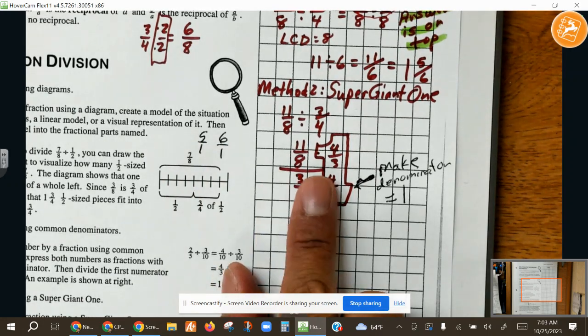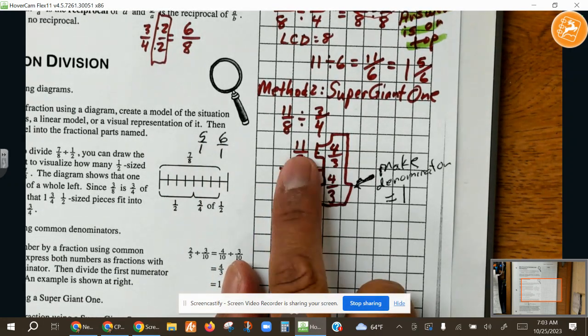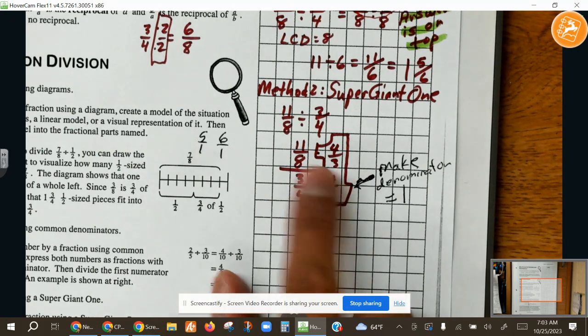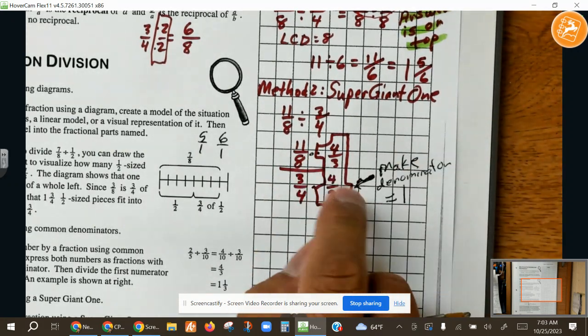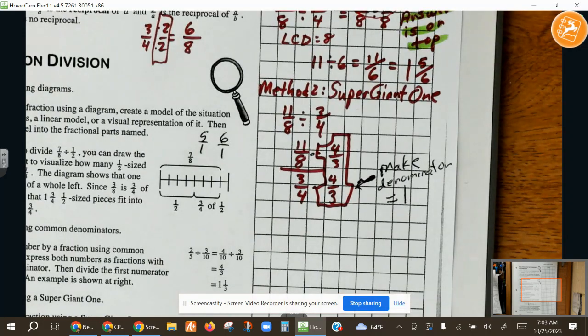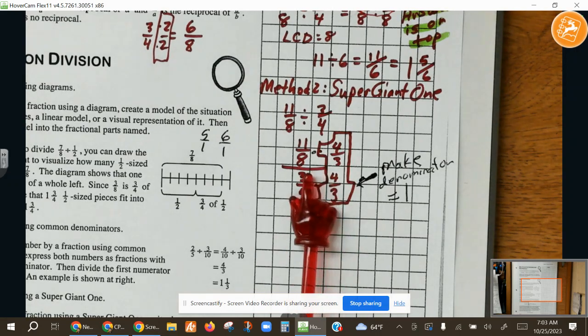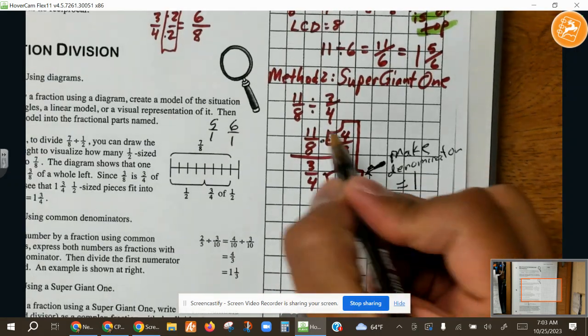So if we have this right here over 1, our answer is just going to be whatever 11/8 times 4/3 is. So once we find out what is 11/8 times 4/3, we can just pretty much ignore the denominator. Okay, so here's our new problem.